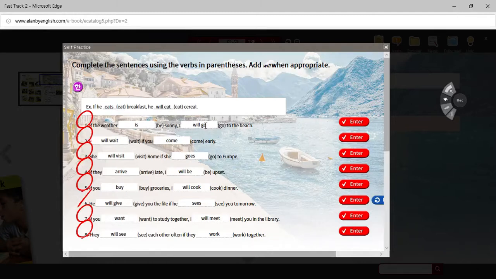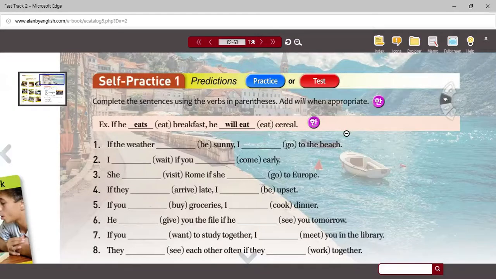And with will, you don't change or conjugate the verb. You just use the basic form. But with the if, you need to conjugate. If he eats, if I eat, that changes. Now, did you get all those correct? If you have the ebook, again, you can do this over and over in preparation for the midterm, or sorry, for the quiz, or for the writing test. And that should work for you.